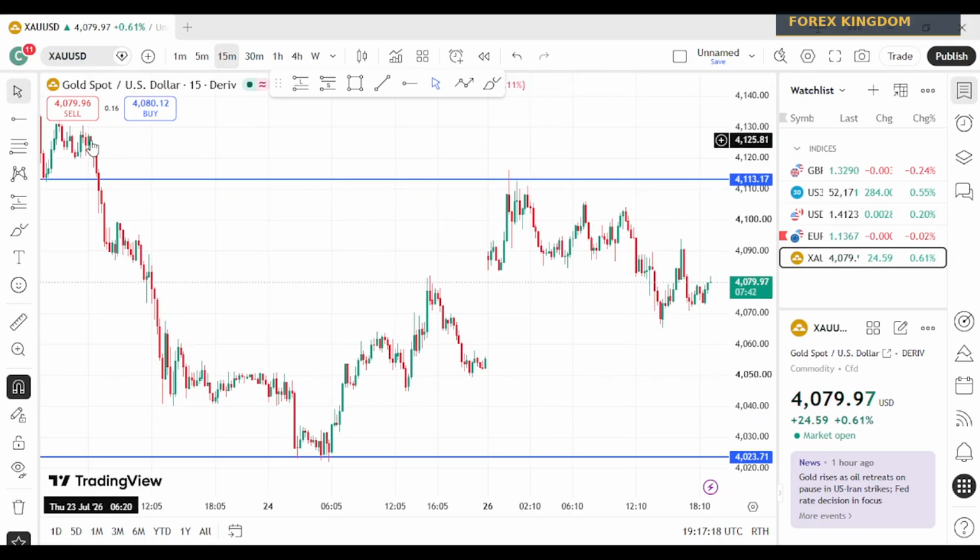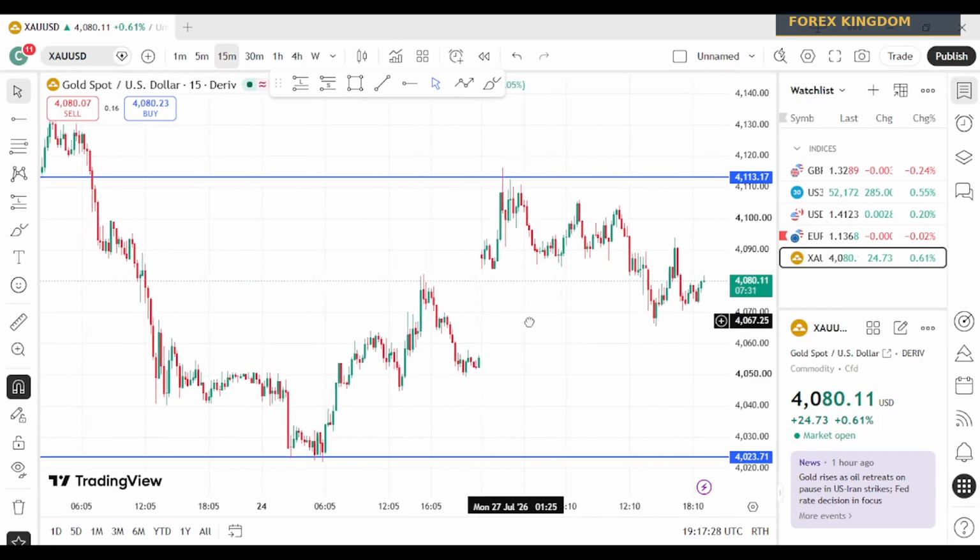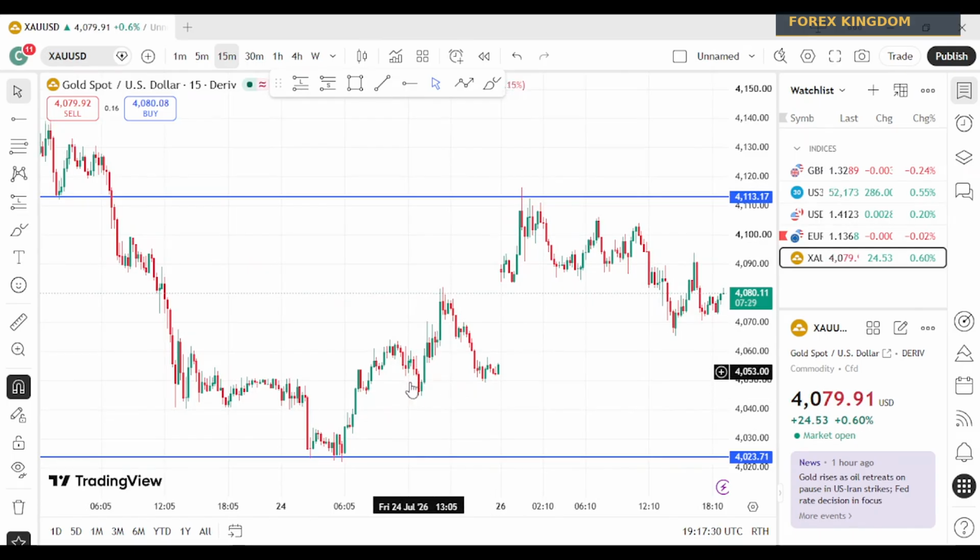If the market was trending to the downside, I'm going to look for the very last bearish candle before the market started changing direction. In this scenario, I recognize this candle here, the down one, as my order block.